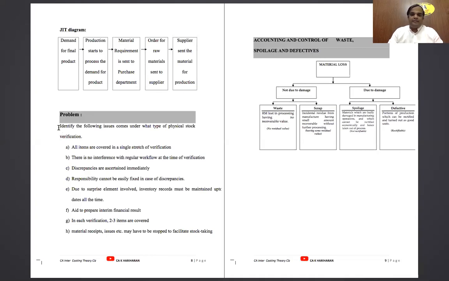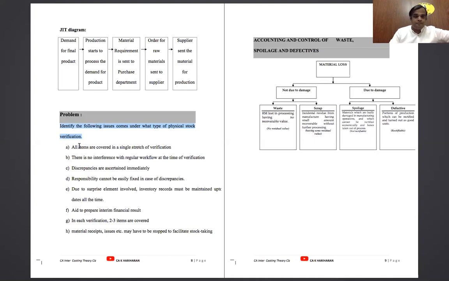Identify which type of physical stock verification the following items come under. Further, you should know perpetual inventory and continuous stock taking come under physical stock verification. Now, what type of physical stock verification?